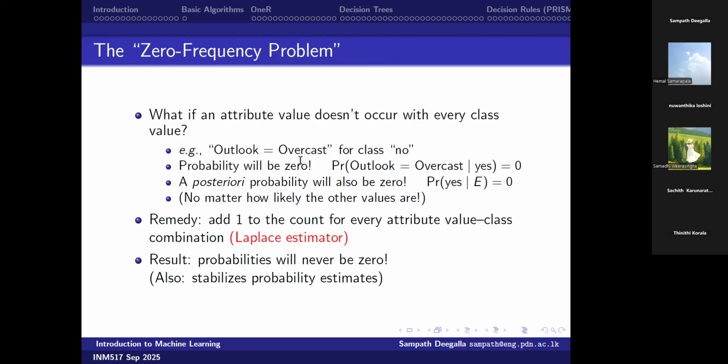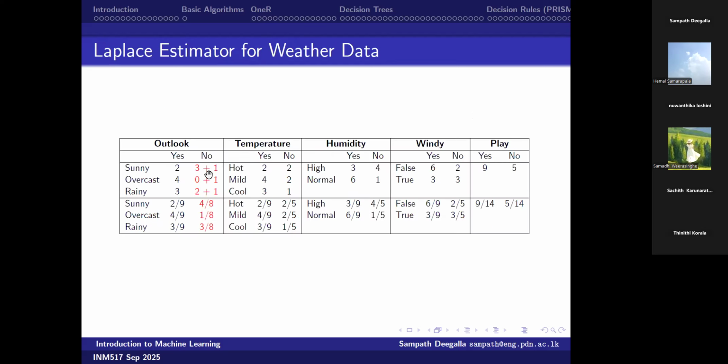To do that, you have to replace the 0. There are many ways that you can handle this issue, but the simplest way is to add 1 to every count and then normalize it. This is called the Laplace estimator. In this particular case, you can see that for each and every value, we add a 1 and we normalize this.